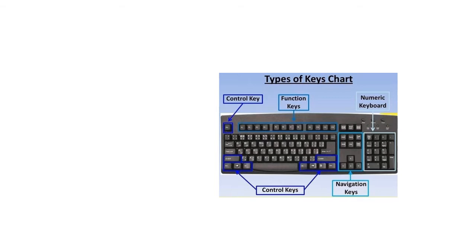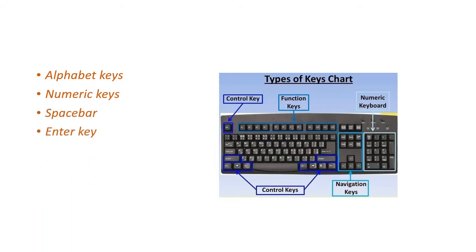Let's learn about the types of keys. The first is alphabet keys, and the next type is numeric keys, then space bar, enter key, backspace key and delete key. Okay, come, let's learn one by one.